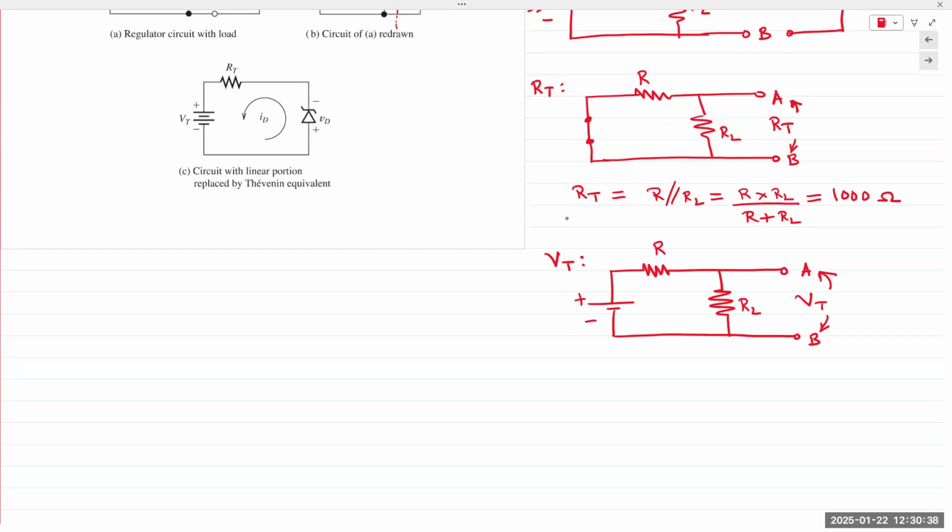As far as circuits go, this is straightforward. What equation comes to mind?